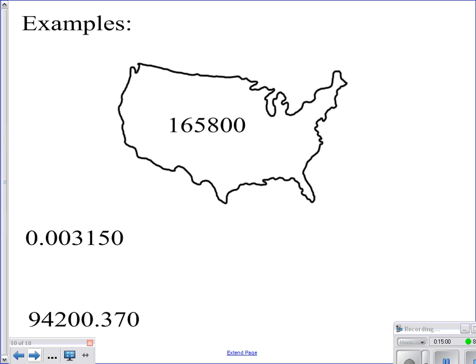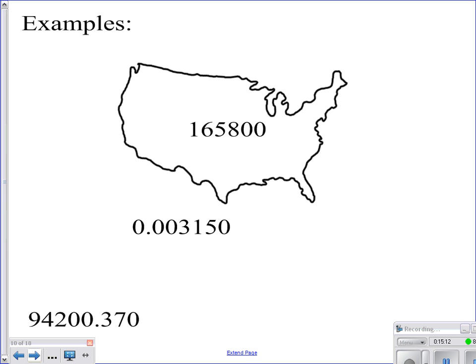Which rule does this one entail? The first one: leading zeros are never significant. And this one is trailing zeros are significant when there's a decimal point, which means they're not significant if there's not a decimal point. So you can relate these back to the rules that we just learned.